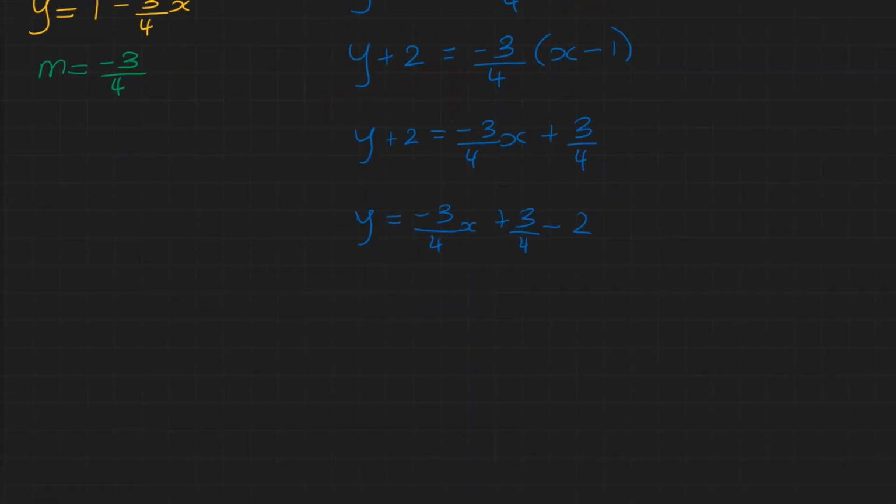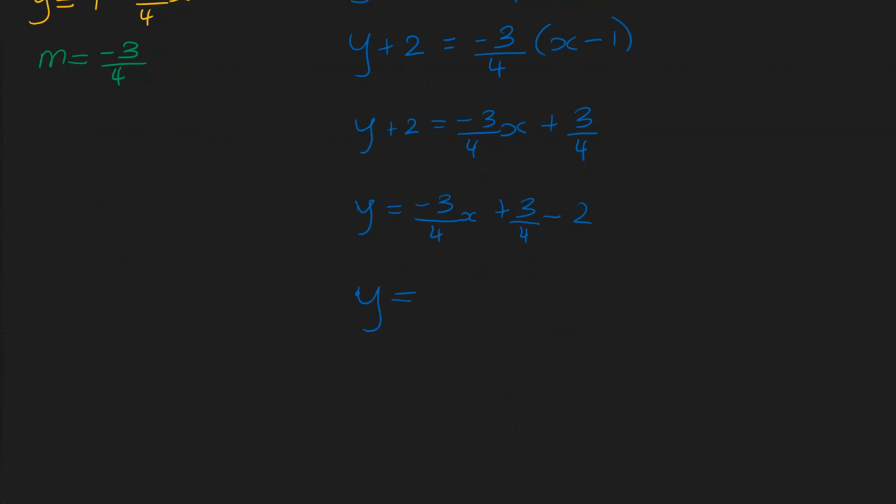I'll convert that negative 2 to a fraction so it's easier to solve: minus 8 over 4, so it has the exact same denominator.